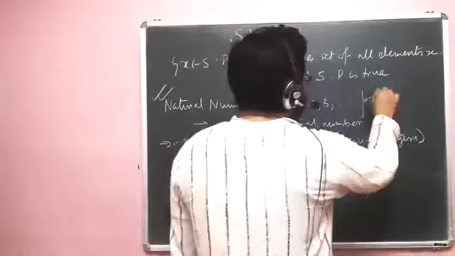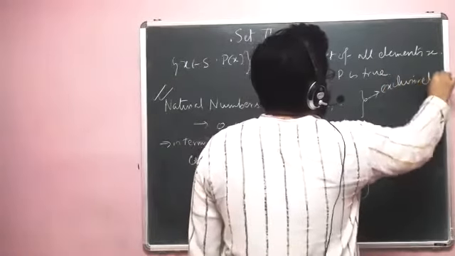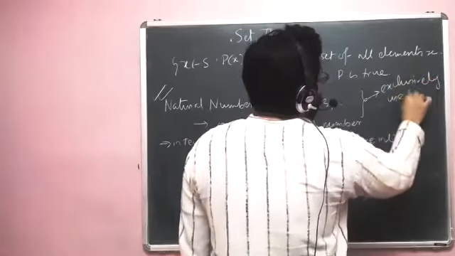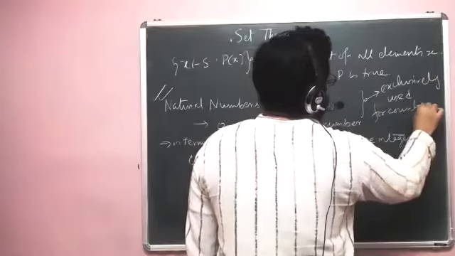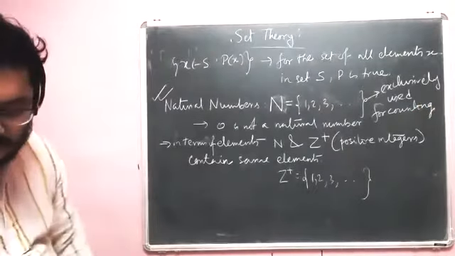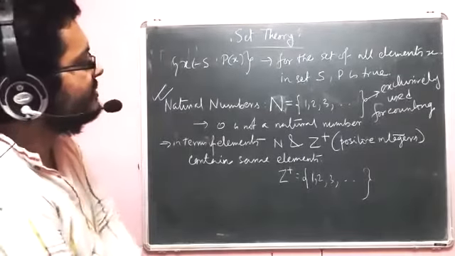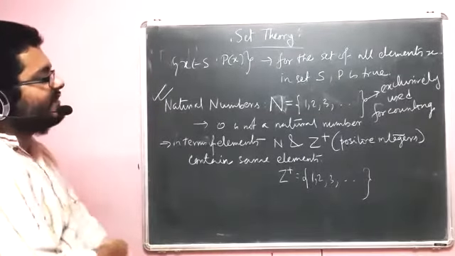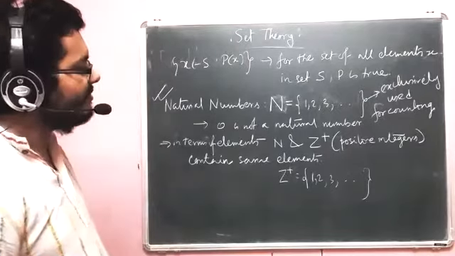We do not use them for anything else. That means the interpretation of 1, 2, 3, and so on can be found in nature, and that's why they are natural numbers.